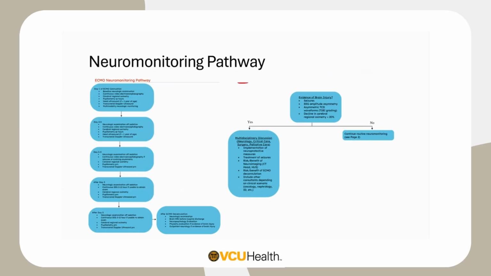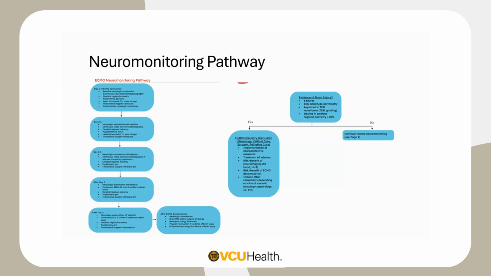There's some data suggesting a decline in cerebral NIRS by greater than 20% is associated with brain injury. With our study, we also advocated for the use of TCDs. The ELSO guidelines say there's not enough data to reliably use TCD as a monitor for predicting brain injury, but I don't think they had all the studies available at that time.